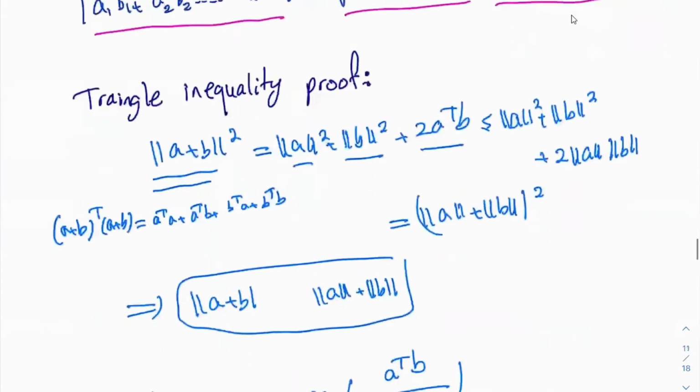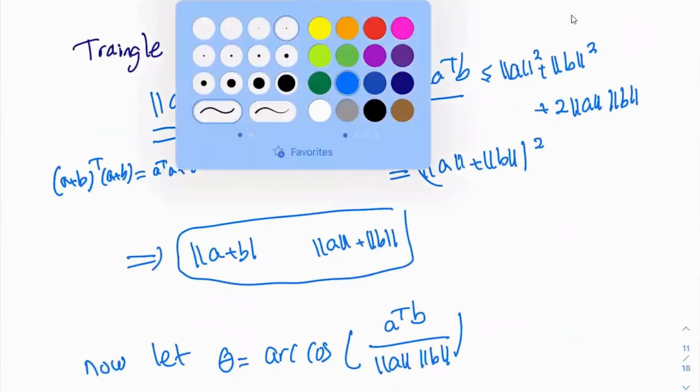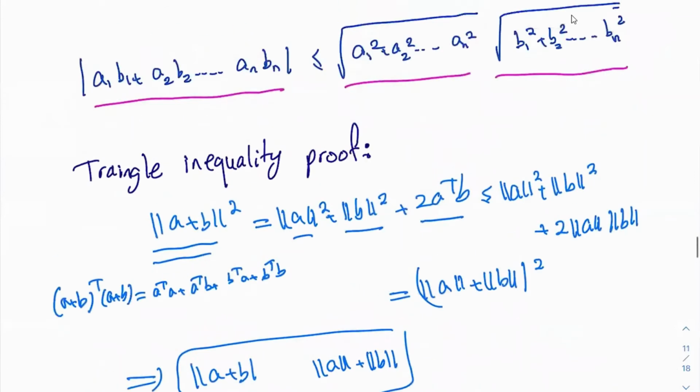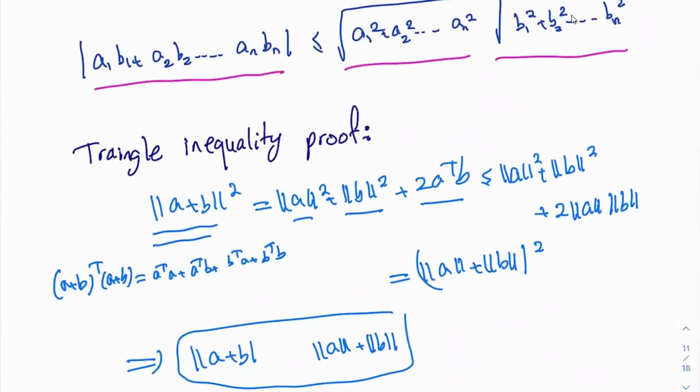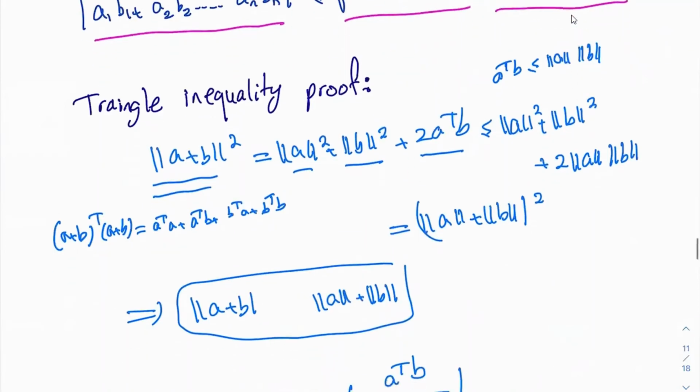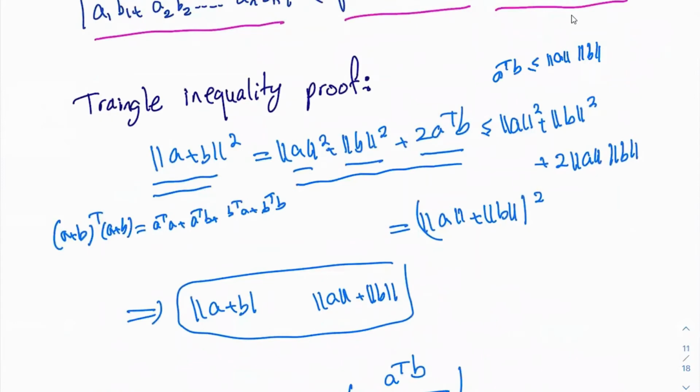Okay, so let's go back here. Now we know A transpose B, as we see in equation 13, is less than or equal to this. Therefore, this quantity is smaller than or equal to this one, right? Okay, but what is this one?